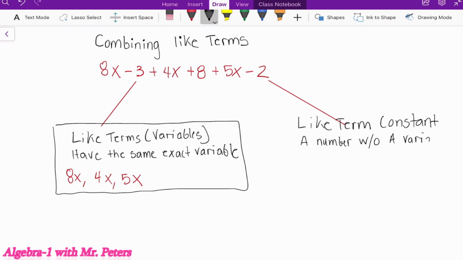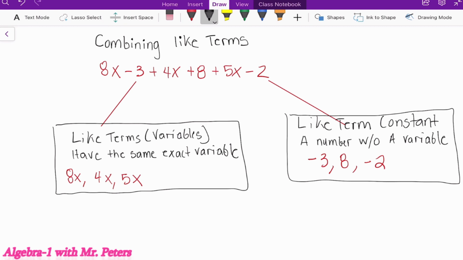Okay. And when we look above at the expression again, we should see that -3, +8, and -2 are all terms without a variable, right? So those are the constants. Those are the like terms to each other. So let's box this off a little bit too, right?